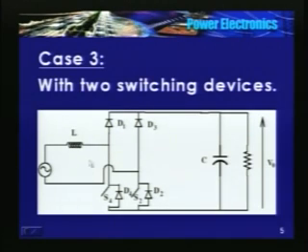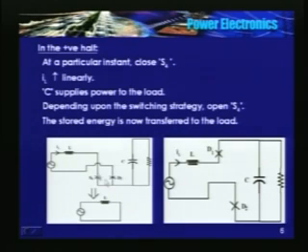In the positive half, I will close S4 only. So what will happen? Source, inductor, there is a short here, and D2. So here is the equivalent circuit: L, S4, D2.